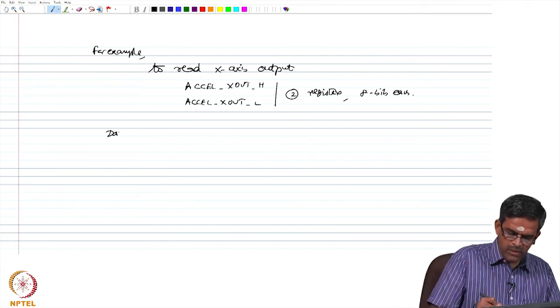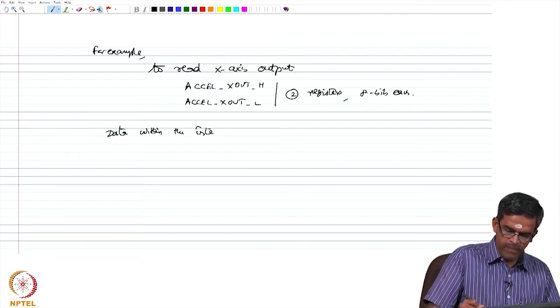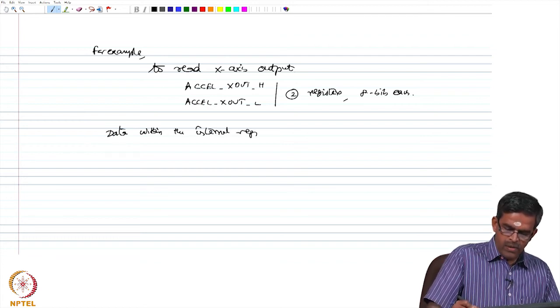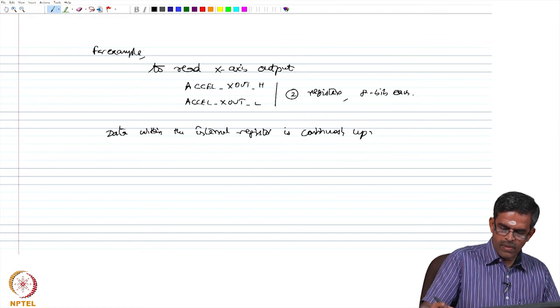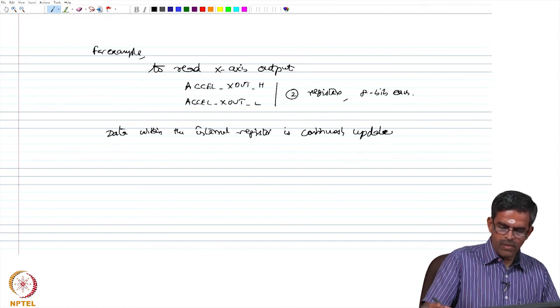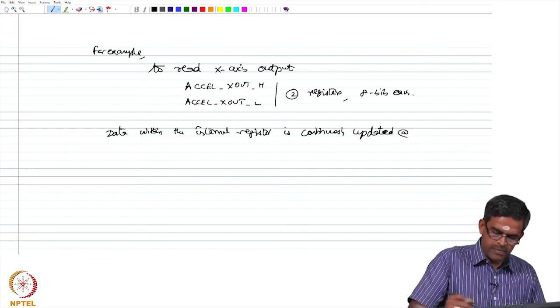Now, data within the register is continuously updated at the desired sample rate.